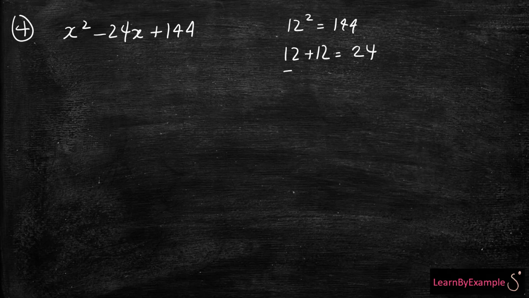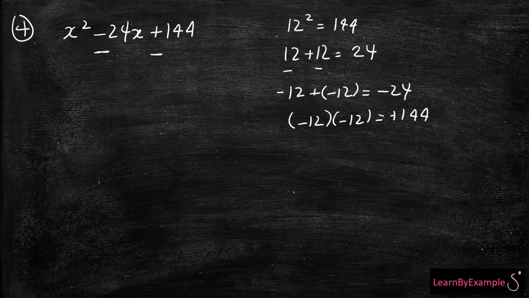So a and b are exactly the same. Now look at your sign conventions. It's a negative 24 and a positive 144. To get a positive product, you multiply either two positive numbers or two negative numbers. Since it's negative 24, it has to be negative 12 plus negative 12, and negative 12 times negative 12 is positive 144.